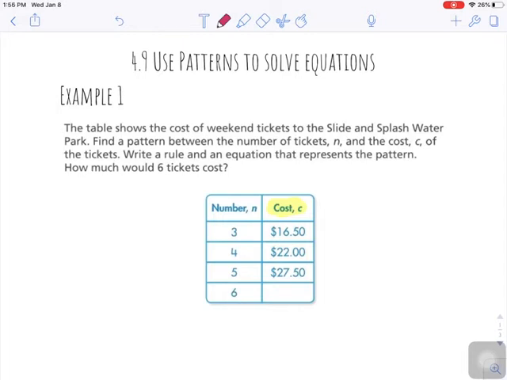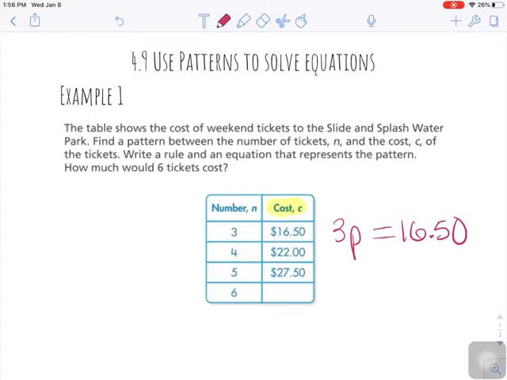So basically what this is saying is that 3 times our variable, let's pick P for how many tickets we have, equals $16.50.